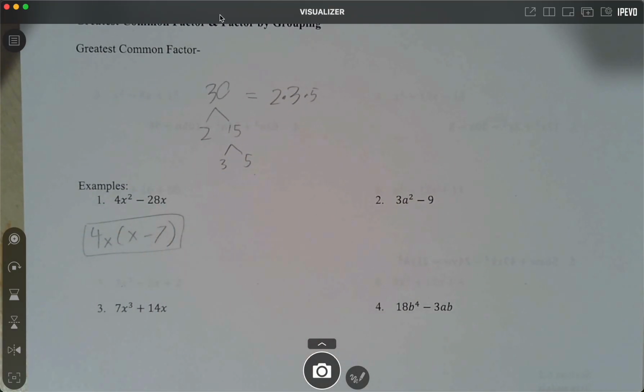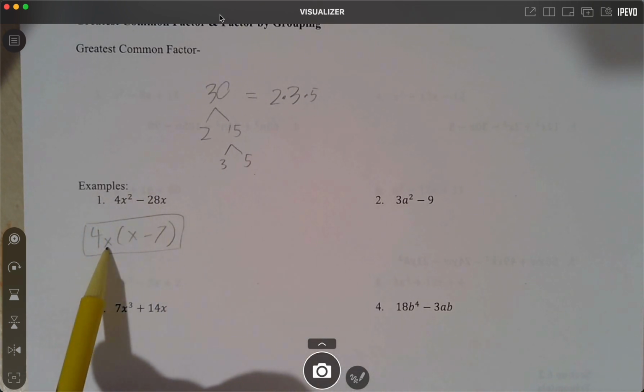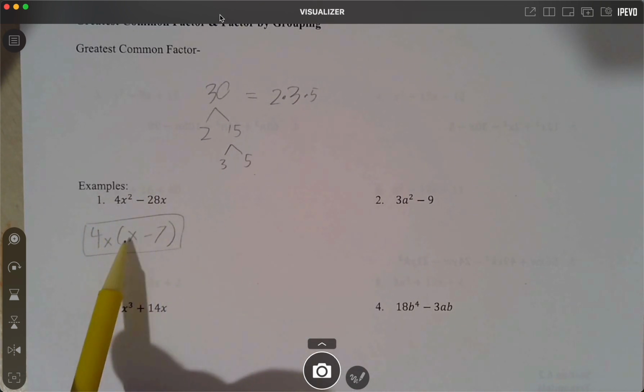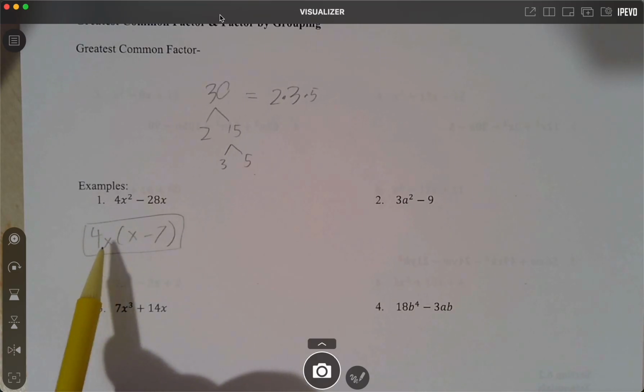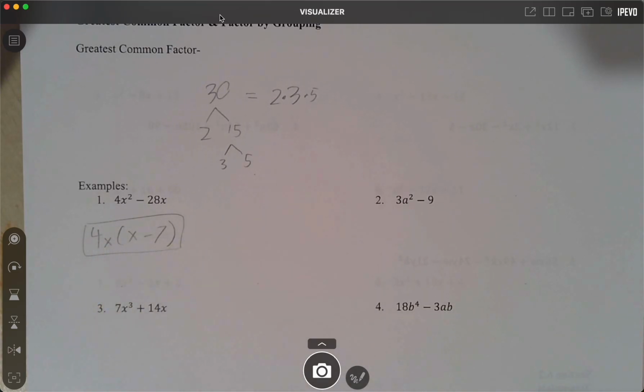You'll have to take college algebra to see the magic of it. You'll be able to see a lot of what this graph looks like based on the fact that this breaks down to a 4x and an x minus 7, and you'll learn behaviors of graphing just from being able to split it into its smallest parts.